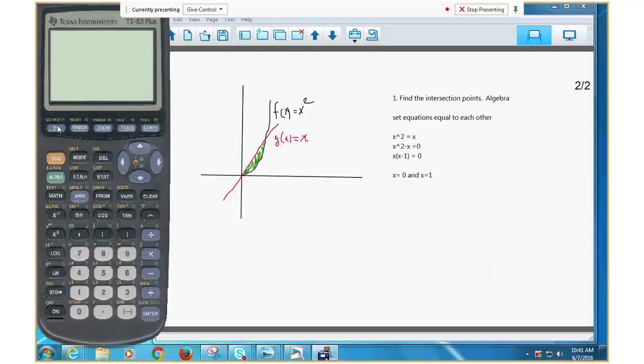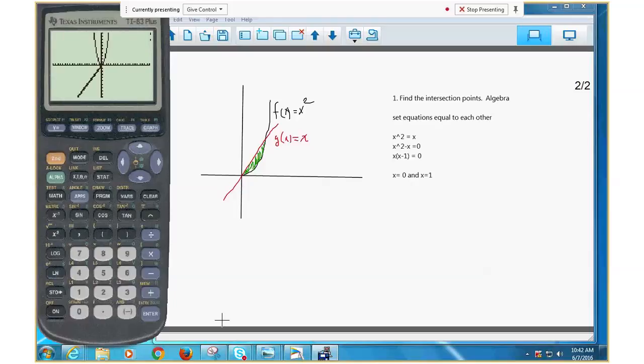Y is equal to, I thought I hit the on button, did I not? Y is equal to x squared. So x to the second power. And then I'm going to make this guy thicker and call him x. And graph.